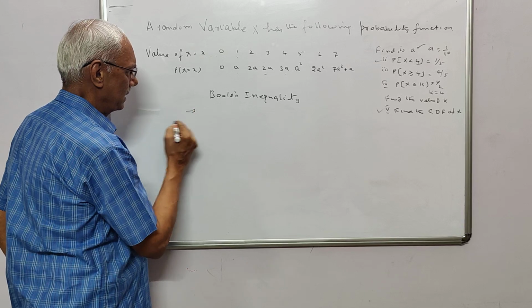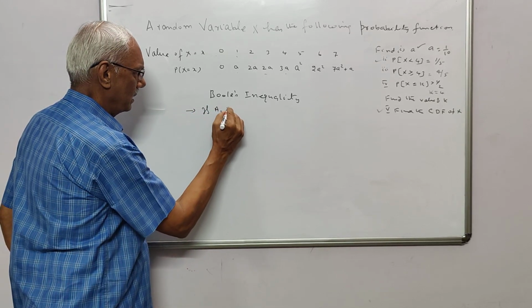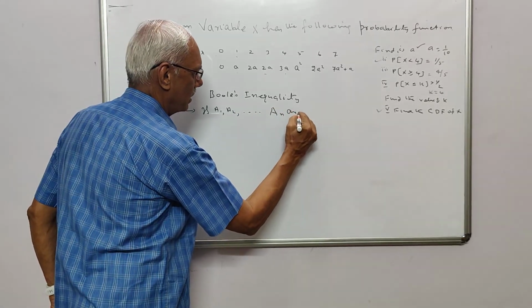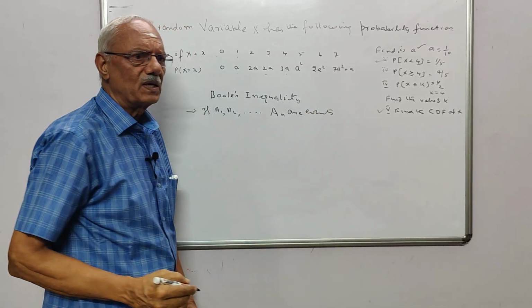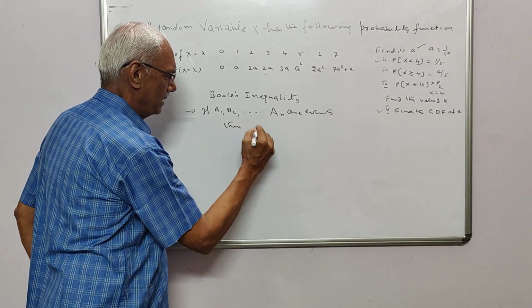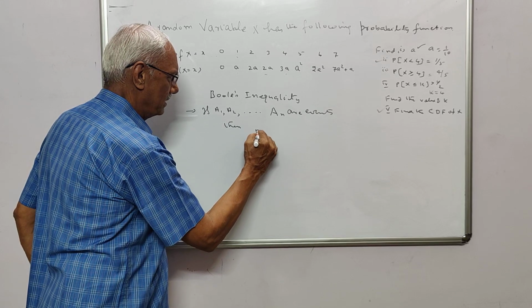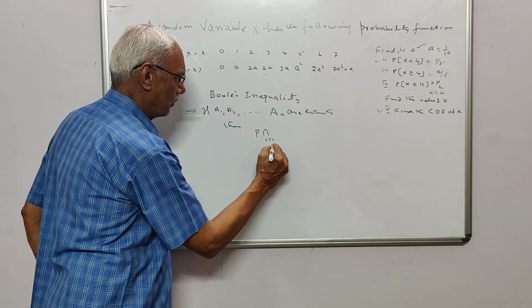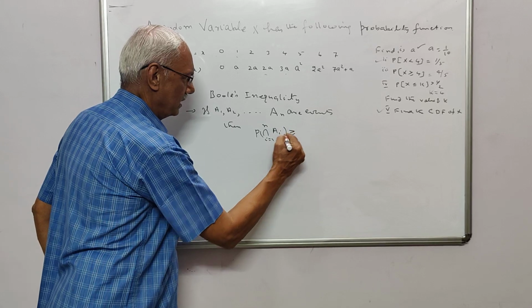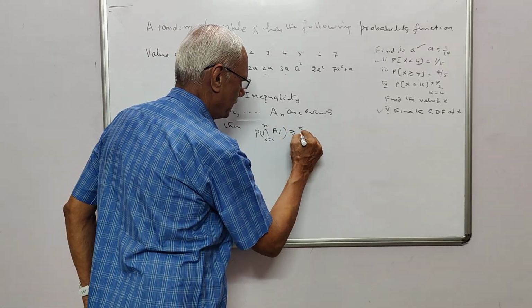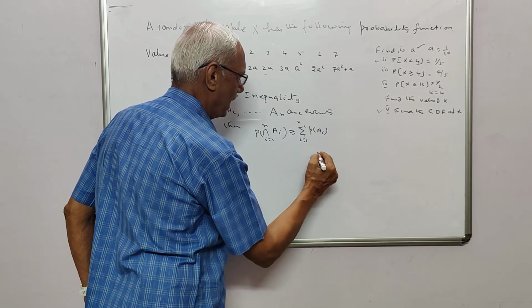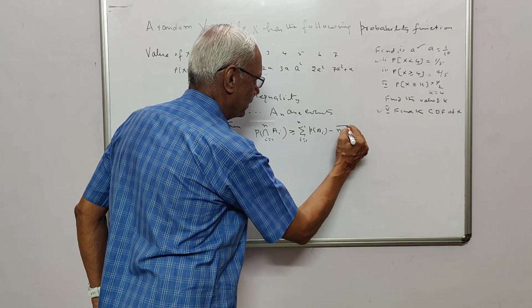This states that if A1, A2, ..., An are events, they are simply events, then the probability of the intersection of Ai, i equal to 1 to n, is greater than or equal to the sum over i equal to 1 to n of the probability of Ai, minus (n minus 1).